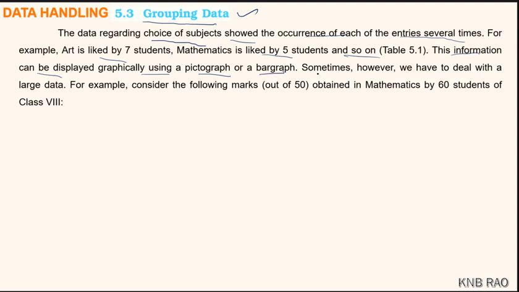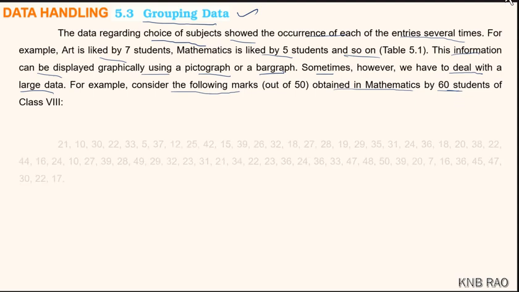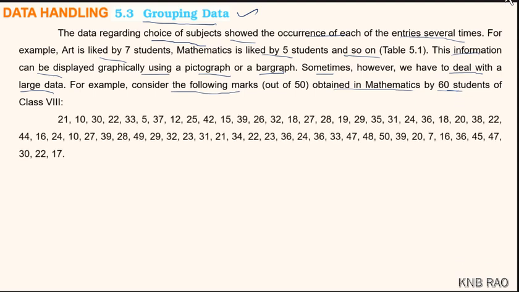But sometimes we have to deal with a large data. For example, consider the following marks obtained by 60 students. Here is the list of marks obtained by 60 students.